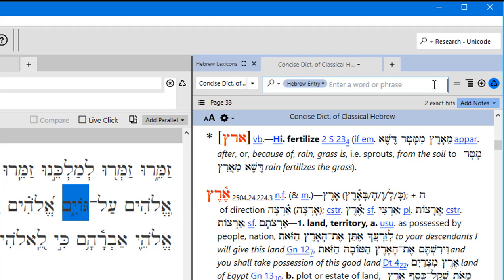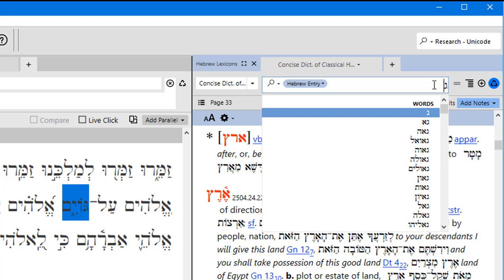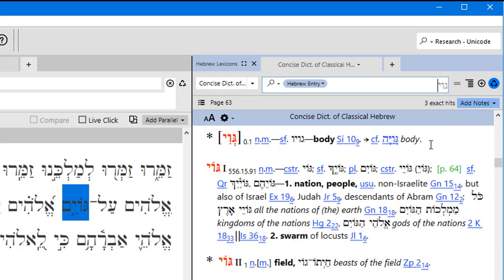And now I'm going to type in GW, and that is what's going to give me the wow, Y. So GWY, and then enter, and that will then get me to this entry. There is an entry above it.